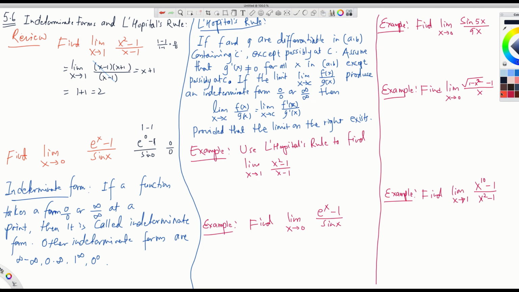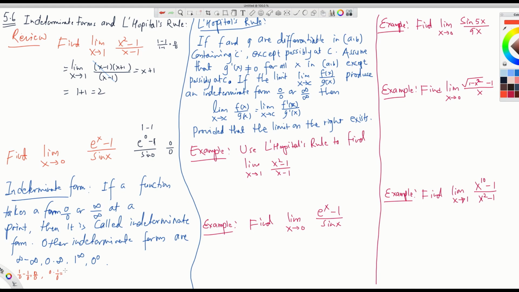So why are they indeterminate forms? Because these forms can be reduced to one of these forms. For example, this can be written as 1 over 0 minus 1 over 0, which you can think of as 0 over 0. And this one can be considered as 0 times 1 over 0, so 0 times 1 is 0 over 0.